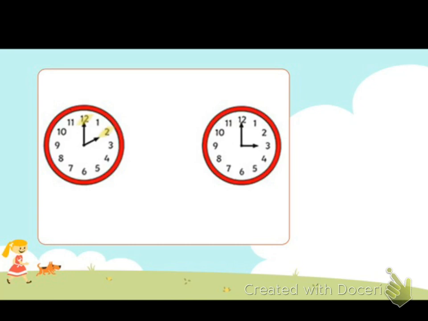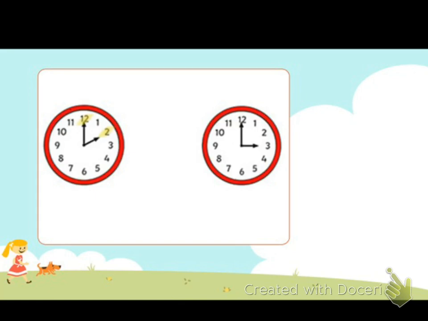No, remember there are 5 minutes between the numbers. So when the minute hand is on the 12, that means 60 minutes have passed. And 60 minutes we all know is an hour. So we will say it is 2 o'clock.